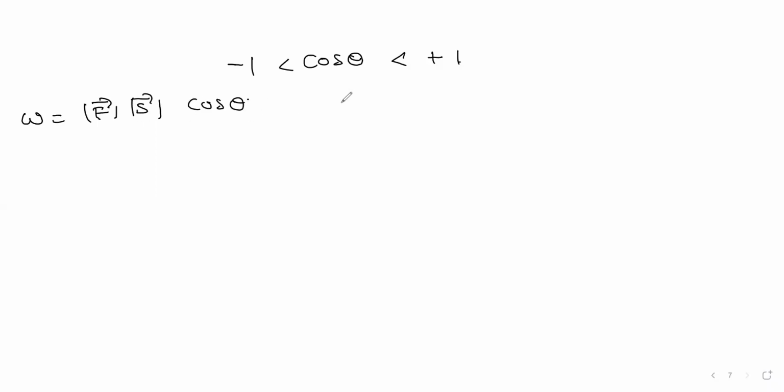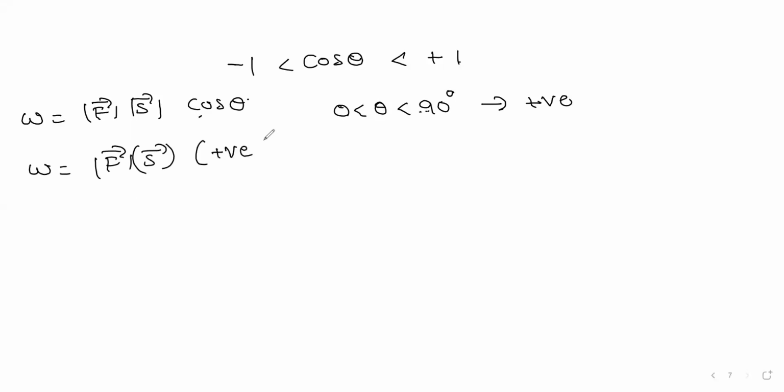So when theta is between 0 and 90, is work done positive or negative? Positive. If we substitute any value between 0 and 90 in cos theta, it is positive, and magnitudes are always positive, so we get work done as positive.